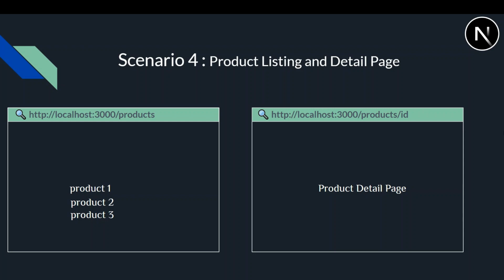Here you can see when the user visits localhost:3000/products, all three products will be listed: product 1, product 2, product 3.